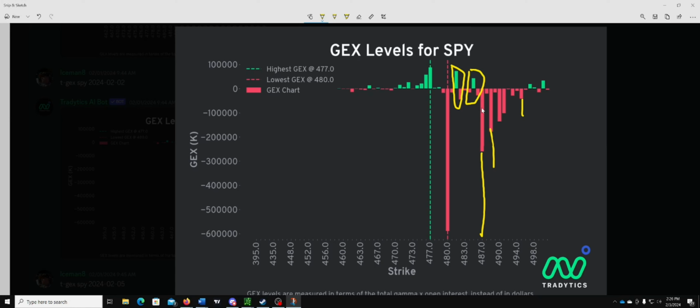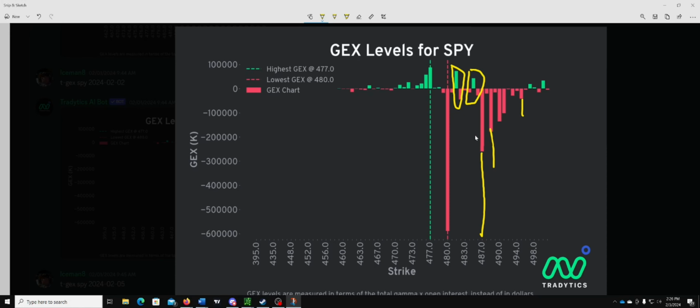Okay, so we do know that this large bar is going to push the price up because that is support. It's more effective because it's large. And it's going to push towards a smaller red bar that is resistance, and that's going to push towards another, even smaller red bar, even smaller resistance, and so on.